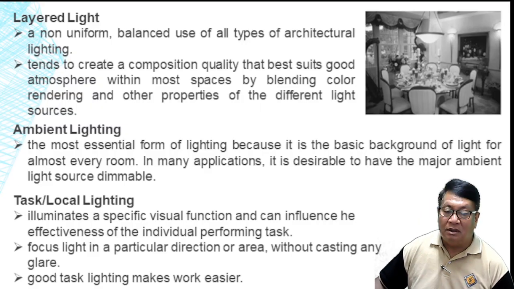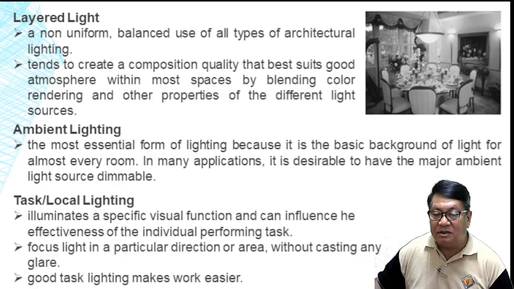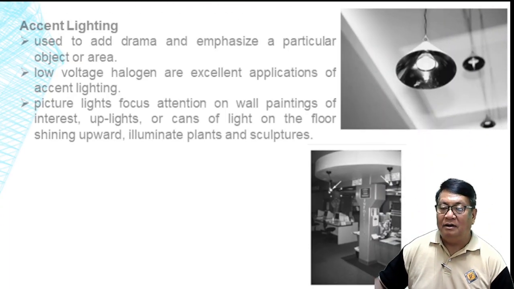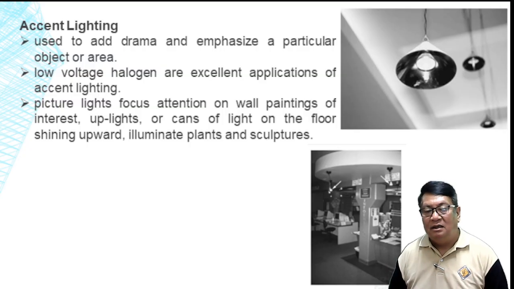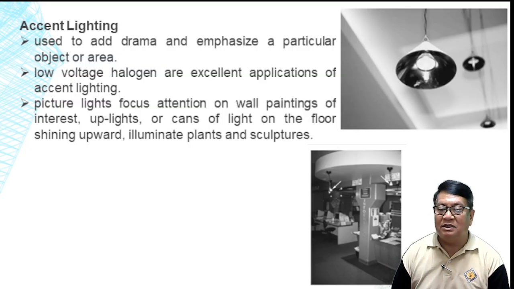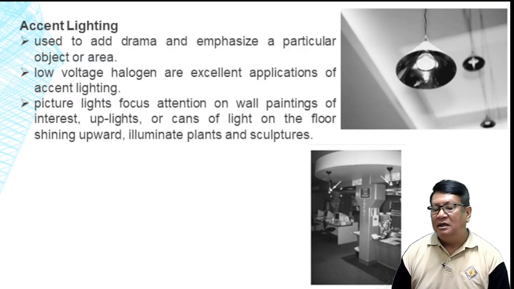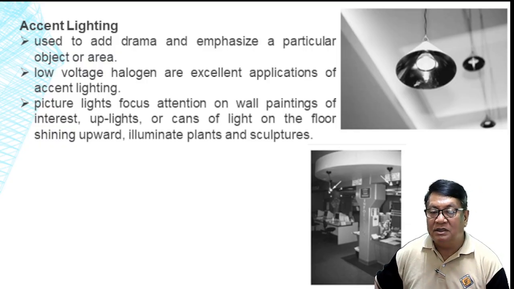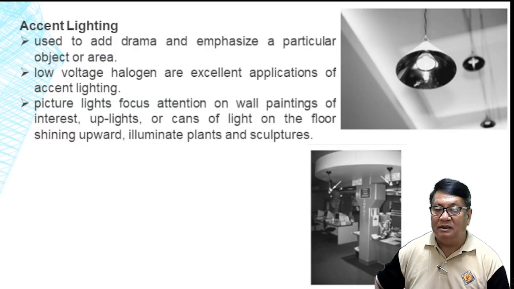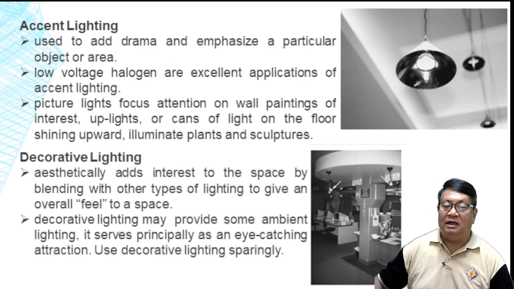Okay, so good task lighting makes work easier. We have also this accent lighting, no? Accent lighting is used to add drama and emphasis on a particular object or area. This is more on architectural design. Low voltage halogen lamps are excellent applications of accent lighting system. Okay, so they give us already an idea.